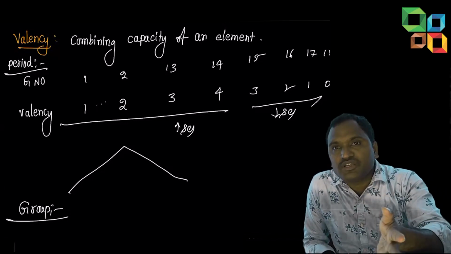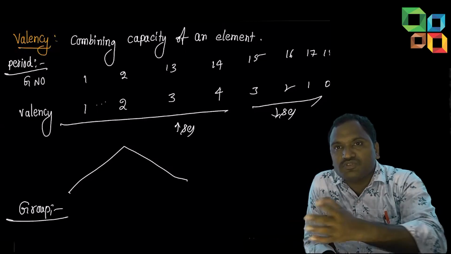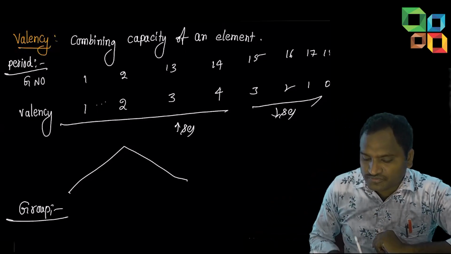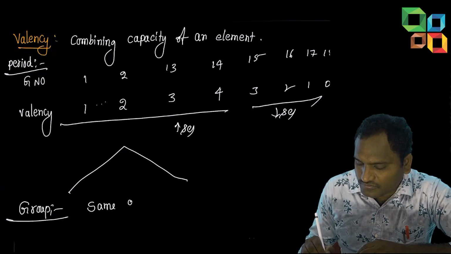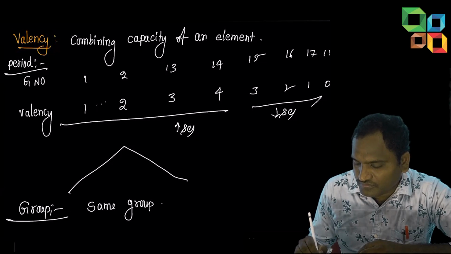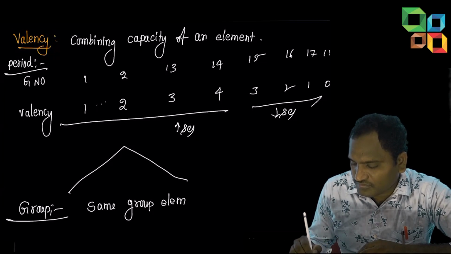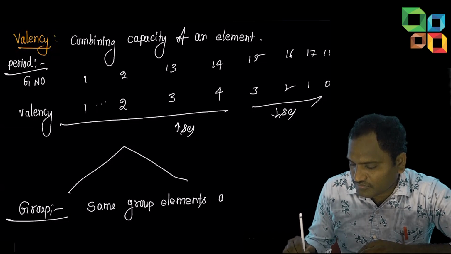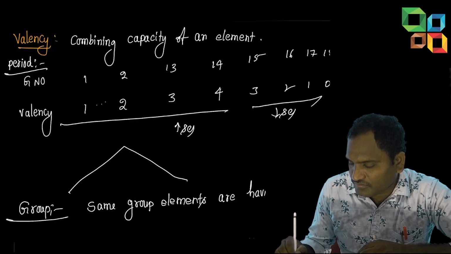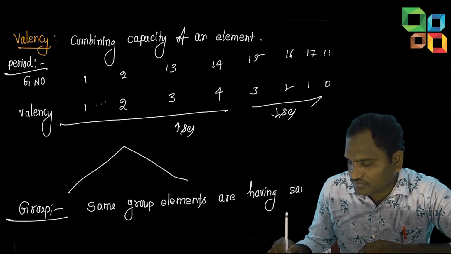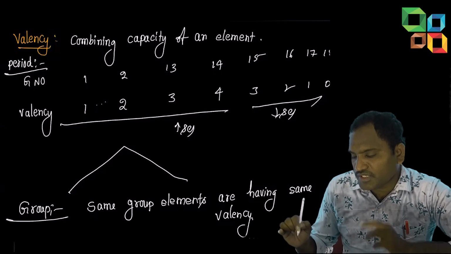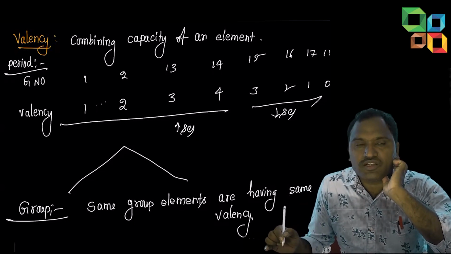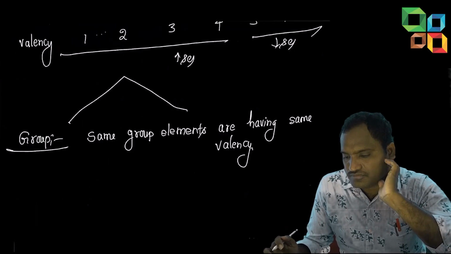Same group elements have the same valency. All first group elements have valency 1. All second group elements have valency 2.